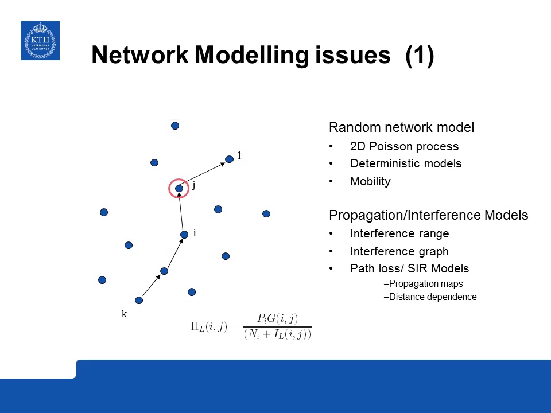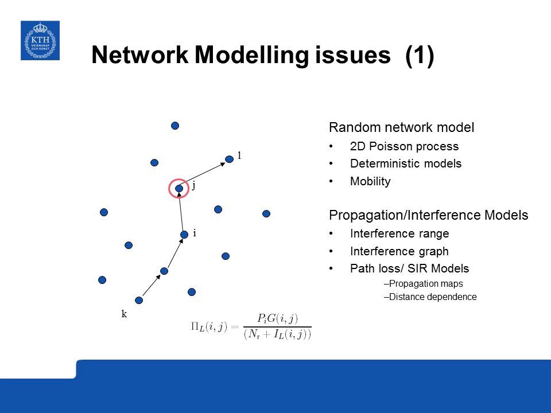A more complex model is, if you look at the individual stations, to make an interference graph to complement the possible wanted transmission. We can also have a graph that shows which nodes can potentially interfere with node J. And finally, the most detailed model is to compute the signal to interference ratio, to actually compute the path losses from both interferers and wanted signals, like in the equation at the bottom of the slide, showing the wanted signal from transmitter I, and then we compare it with the noise and the interference from other transmitting nodes.